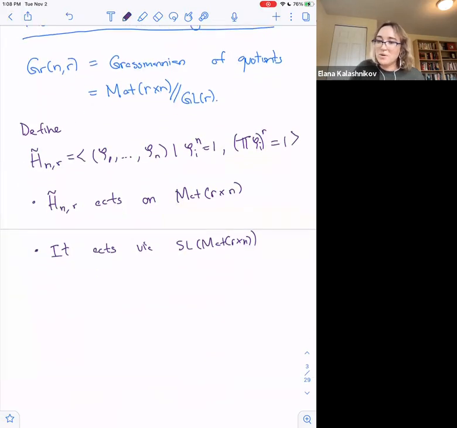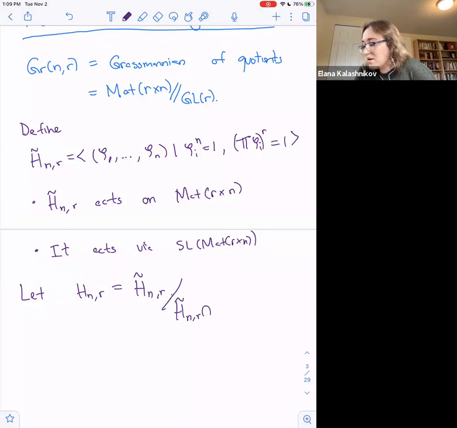So this condition means that this group acts via SL. And now, just like before, the group that acts on projective space is a quotient of this. So I'm going to let H_{n,r} be H tilde_{n,r} modulo H tilde_{n,r} intersect GL_r, which again is just going to be the diagonal elements.